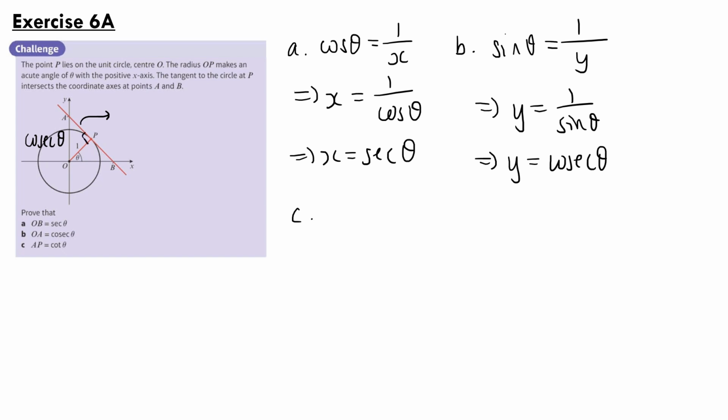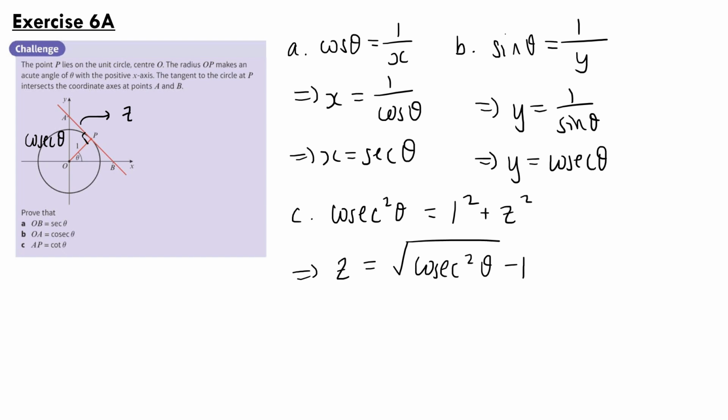If we call the length AP z, then we're going to have the hypotenuse, which is cosec squared theta, being equal to the squares of the other two sides, so 1 squared plus z squared. If we rearrange, we get the length z that we want being equal to the square root of cosec squared theta take away 1.